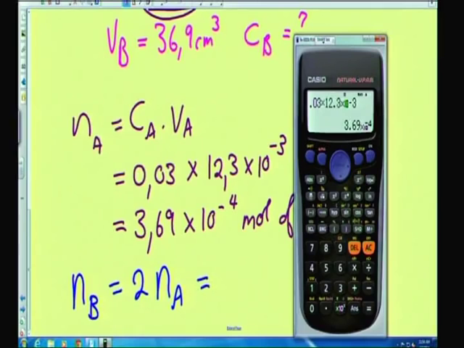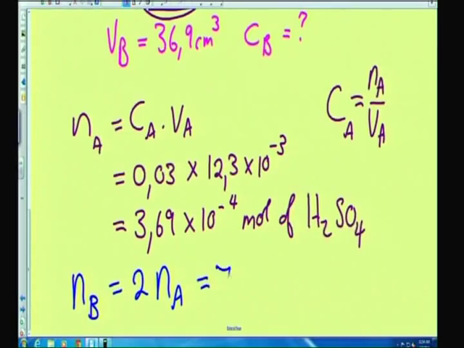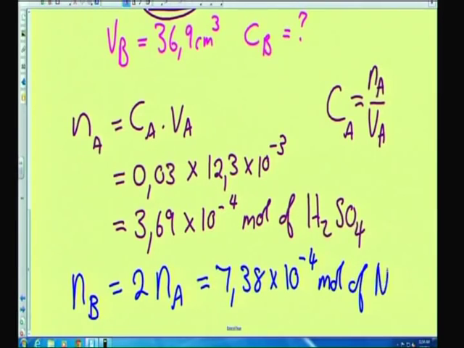It's not 1:1. The ratio is 1:2. I'm going to multiply it by 2, and I get the answer 7,38 times 10 to the minus 4 mole of sodium hydroxide.